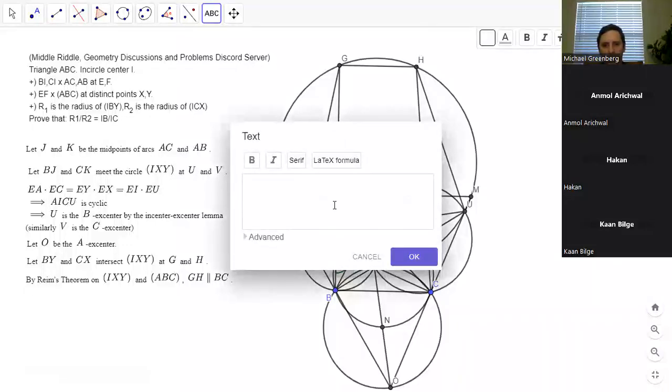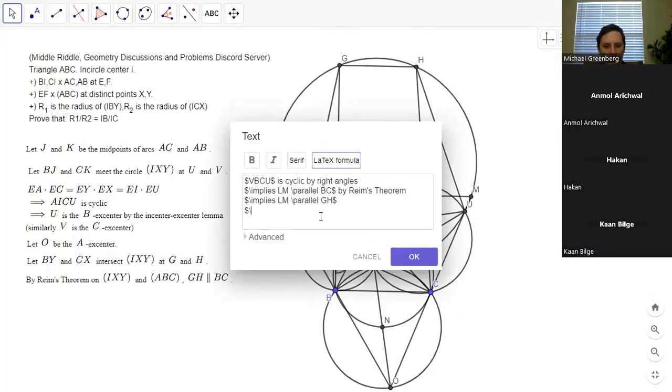So angle VBU equals angle VCU equals 90. So I'll just say VBCU is cyclic by right angles. And that means that LM is parallel to BC by Reim's theorem. That means that LM is parallel to GH.